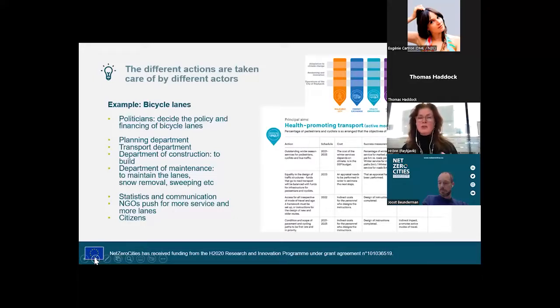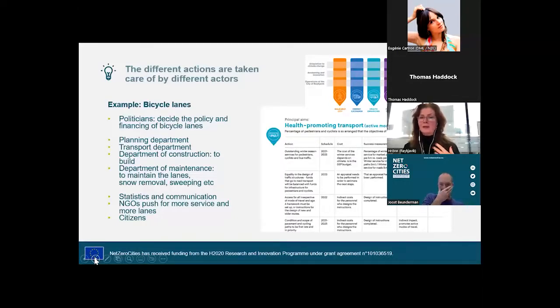And we actually have a special plan on implementing the bicycle lanes as well. And there is the planning department to locate the bicycle lanes, the transport department with their special knowledge on designing bicycle lanes and pedestrian streets and so on, and the Department of Construction to build the lanes, and then the Department of Maintenance to maintain these lanes.